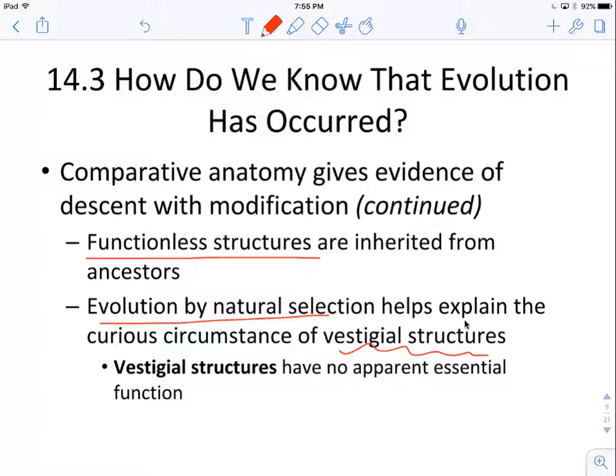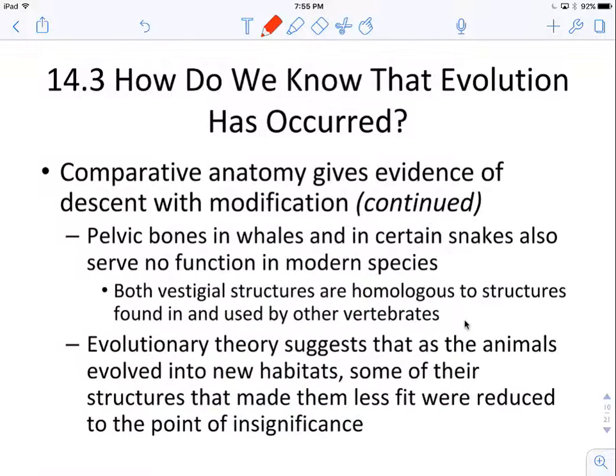Vestigial structures have no apparent essential function any longer. They used to have a function in the previous form or an ancestor of the organism, but they no longer have a function. So if you look at whales and snakes, they actually have pelvic bones because the common ancestor used to have hind limbs.